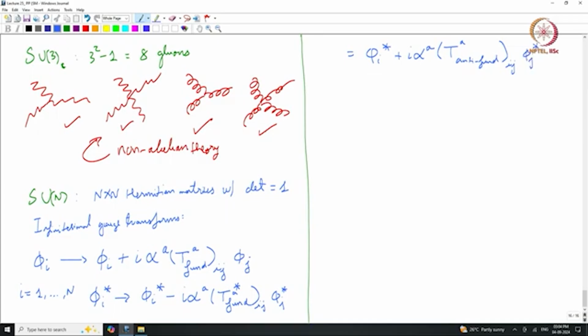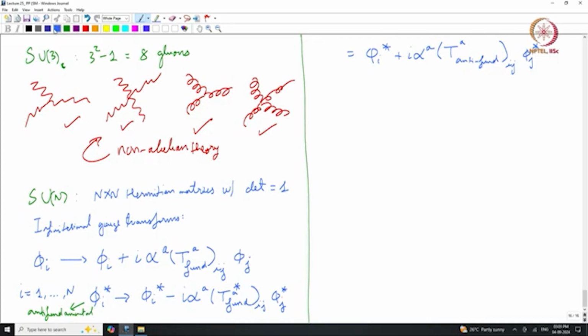What I am implying here is that I have forced the complex conjugate fields to be in yet another representation that I call an anti-fundamental representation. So they are living in a whole other representation, which is closely related to the fundamental representation.